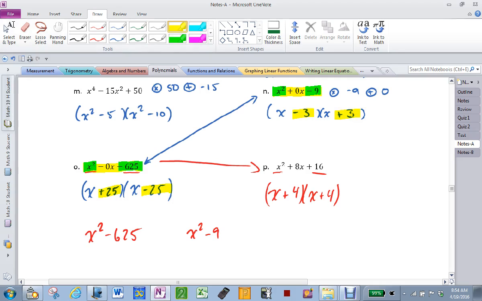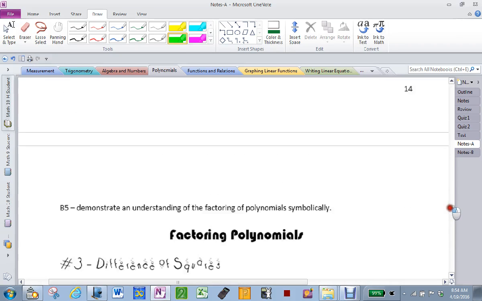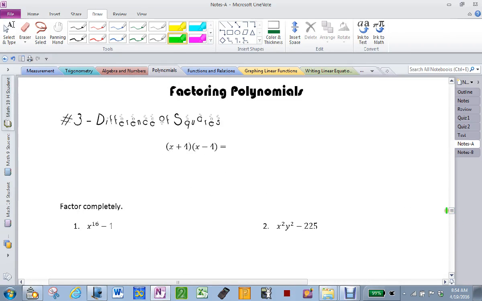One's positive, one's negative, and they're the square root of the constant term, correct? And the first one, x, was the square root of the quadratic term. Everybody cool? Now, if that happened twice on this page, what is your bet that it continues to happen? A lot. It should be everything you've got, right?